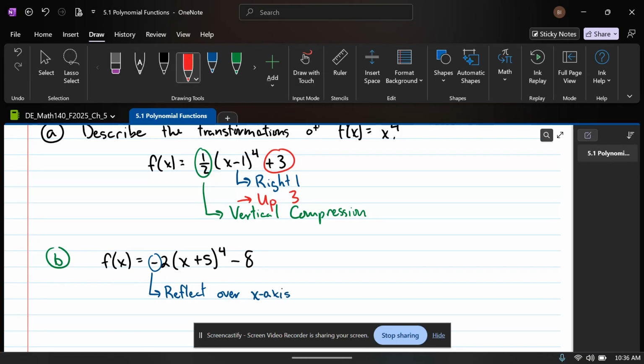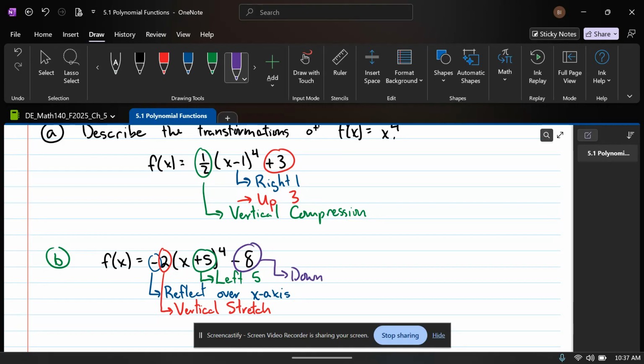What else? Yeah, that 2 is a vertical stretch because it's a multiplier on the outside that's bigger than 1. The plus 5 on the inside is a left 5. And then the minus 8 is down 8.